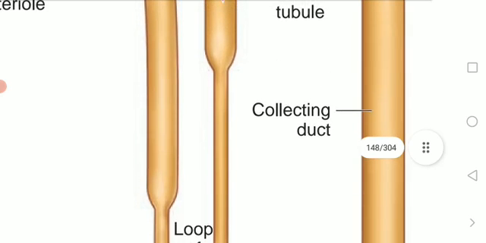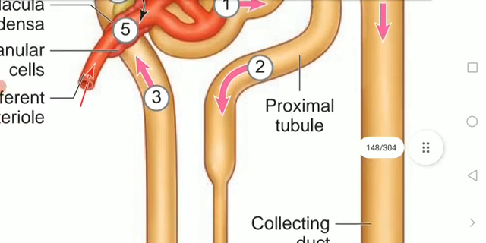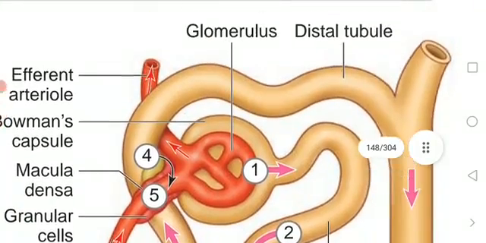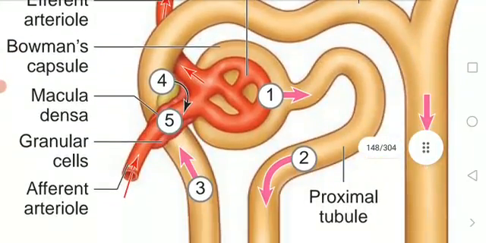Wait a minute. Okay, the diagram is not shown in your new book. It is there in the old book. If you have the old book, you can refer to it.